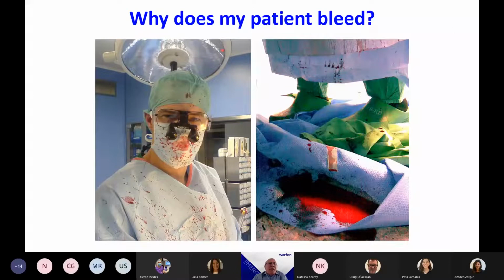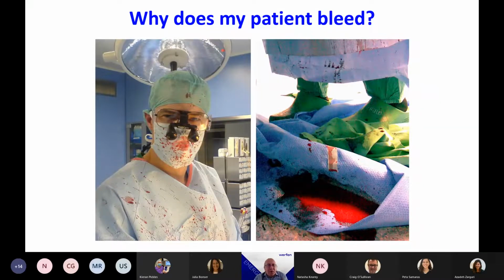The other question is, if we are in surgery and the patient is bleeding, why does my patient bleed? Which is a completely different question, because now we want to identify the reason for bleeding. So it's not a question anymore if there's bleeding or not. This is a precondition that there is bleeding, so that we can think about this question.